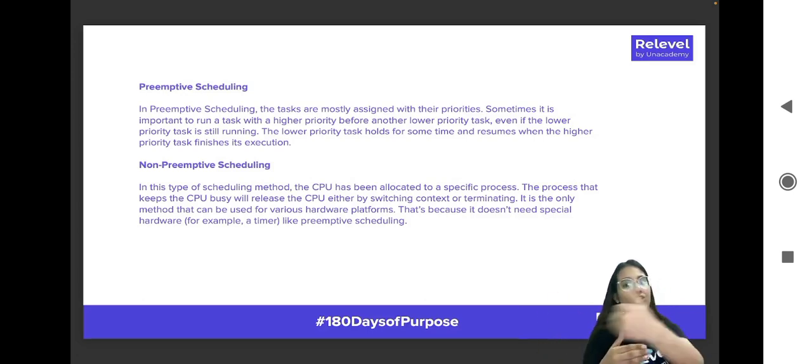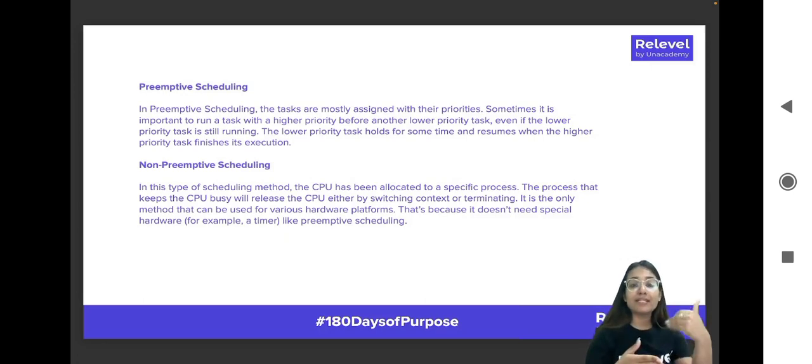So your car might actually be in front of the ambulance, but since the ambulance has a higher priority, your car will be stopped for some time and the ambulance would be allowed to first finish its execution or reach its destination. And when the higher priority task completes, then the lower priority task is allowed to get executed again. That is the concept of preemptive scheduling.